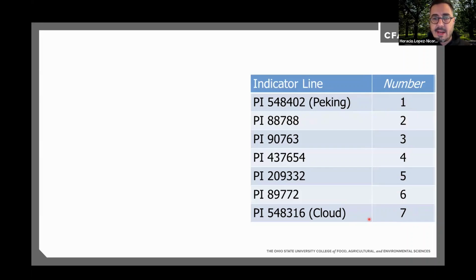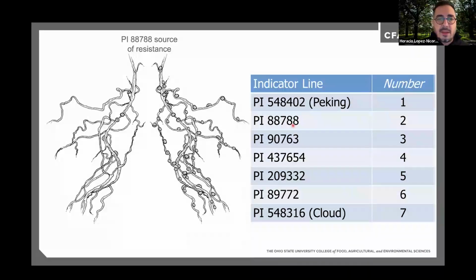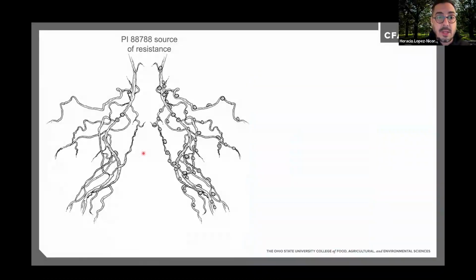Now, 88788 was very easy to introgress into high-yielding soybeans. Soybeans we liked to grow, soybeans we knew how to grow, soybeans we really liked how they yield as well, right? And it did the work. It really did the work on that population of nematode. We have HG type 0 because it cannot reproduce on any of those 7 sources of resistance.